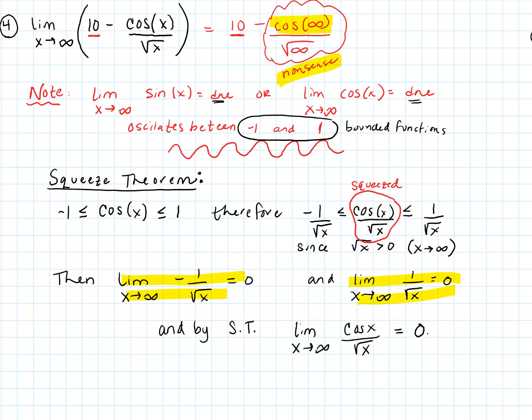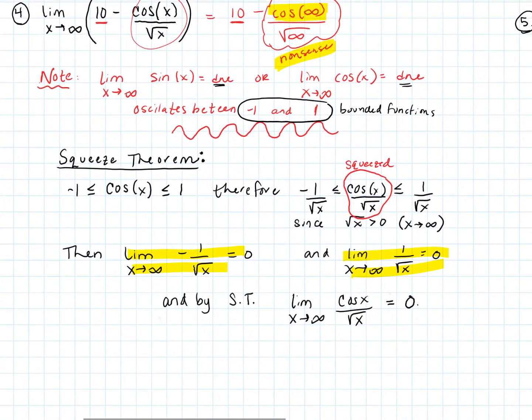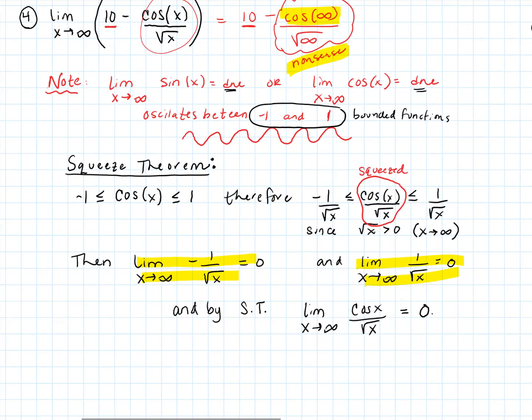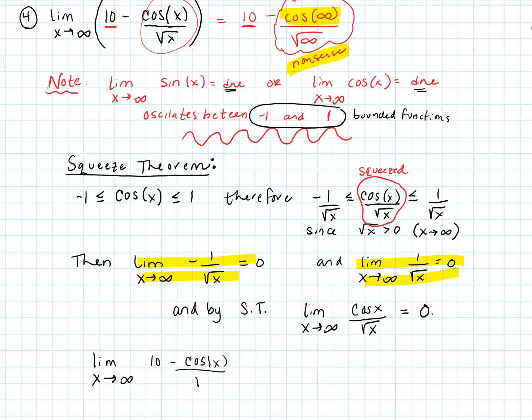All right, so that said, that was only dealing with this part. So now let's come back to our limit and let's finish this out. So the last line here is going to say that the limit, because remember, we have to put that constant back in, of the function 10 minus the cosine of x over the square root of x as x approaches infinity is equal to 10 plus 0, which is equal to 10.